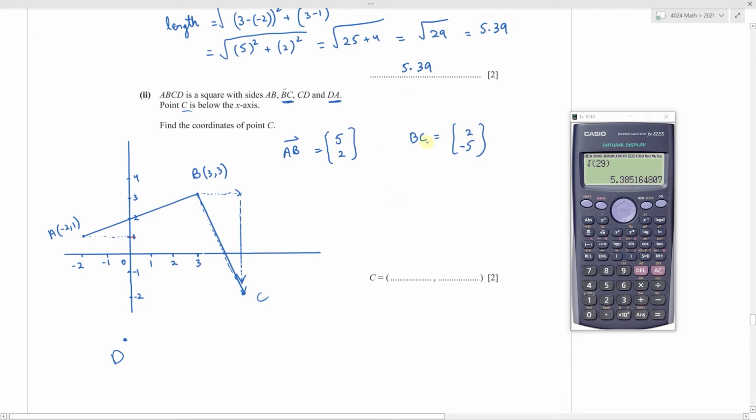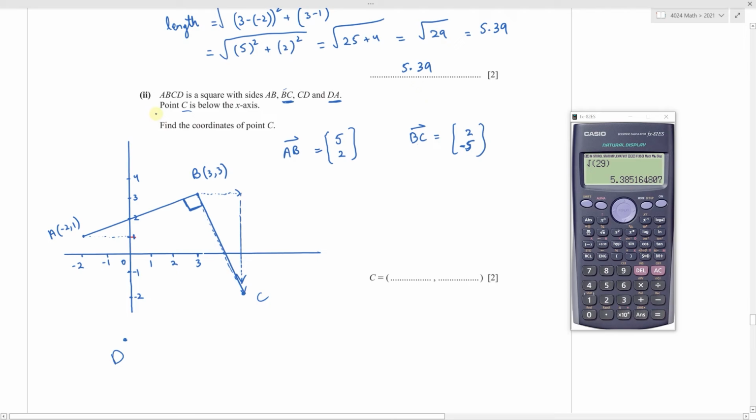So your magnitude BC remains. If you take the magnitude of AB or take the magnitude of BC, the lengths are the same because it is a square. And since this is a 90-degree angle, you swap the positions, and depending upon whether you want to go in this direction or in this direction, you will add a negative sign. Since we are going in this direction in negative y, your y value will be negative here.